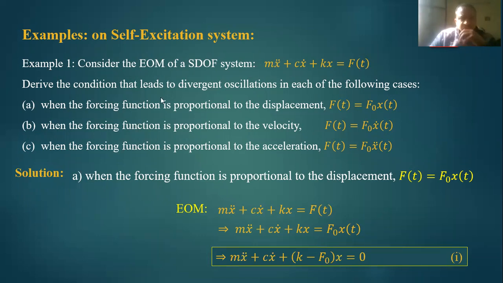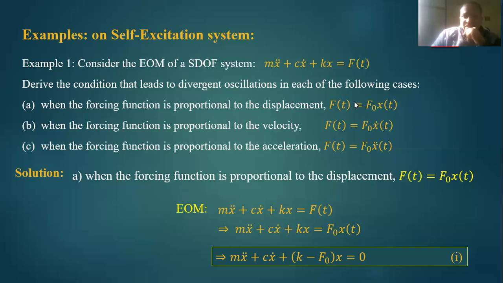Now let's derive the condition that leads to divergent oscillations, that is the instability situation, in one of the cases when the forcing function f of t is proportional to displacement, f naught x of t. F naught is some constant and x of t is the disturbance from the system itself.